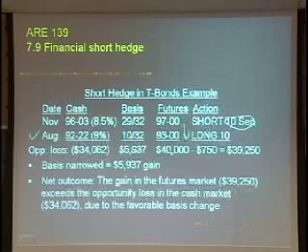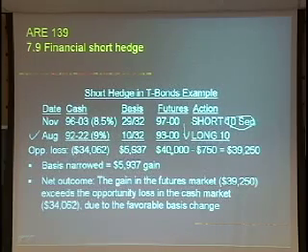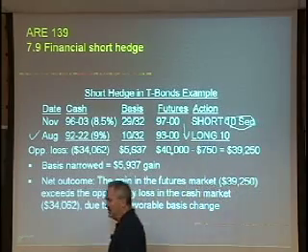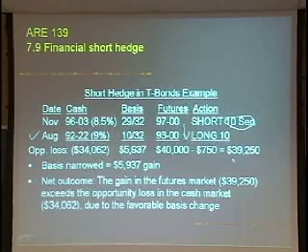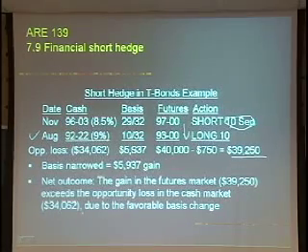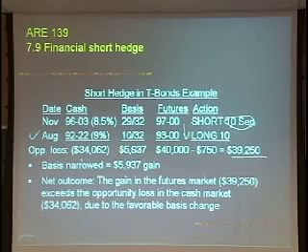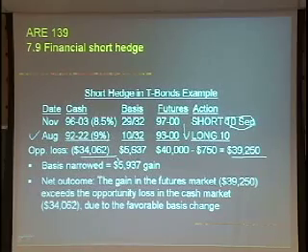There's an opportunity loss on the cash side because when the S&L goes to sell the mortgages, because interest rates have risen, the price of the mortgage will have fallen. So in terms of the net outcome, basically we compare the gain in the futures market, which is $39,250, and this is greater than the loss, the opportunity loss on the spot side, because the cash and the futures position are equally matched here, right?